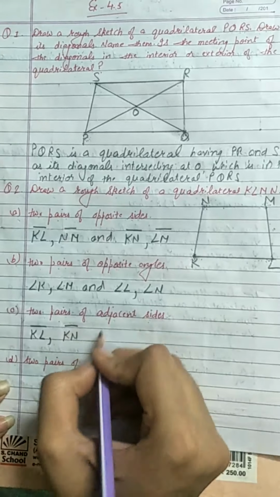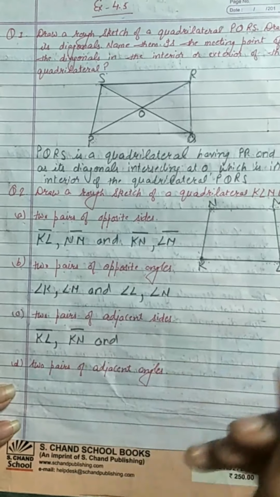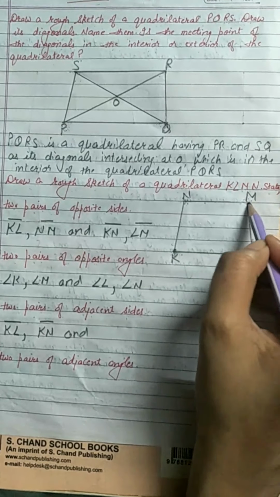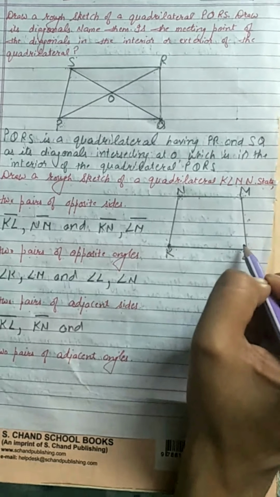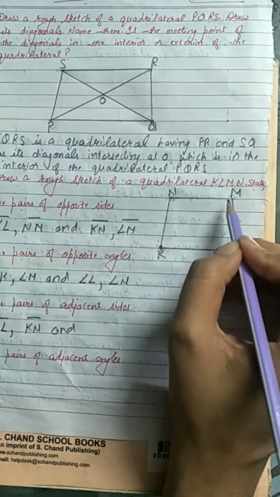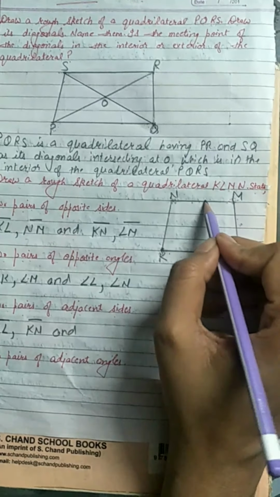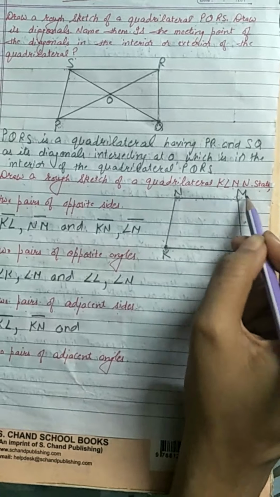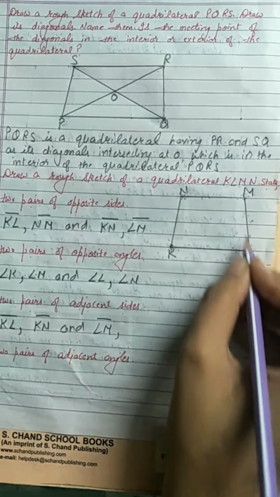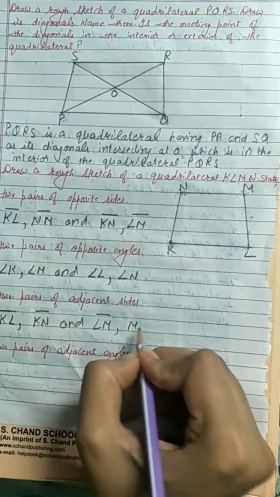This is the first pair. Now we have to write one more pair. I am writing LM and MN. LM and MN are two adjacent sides because M is the common vertex of these two sides. So LM, MN.